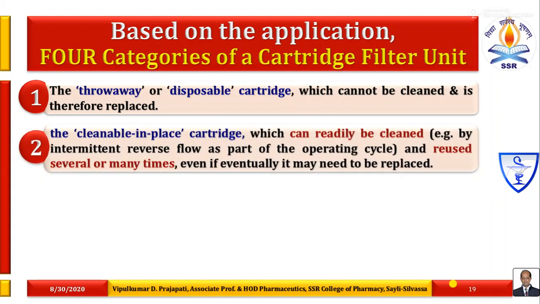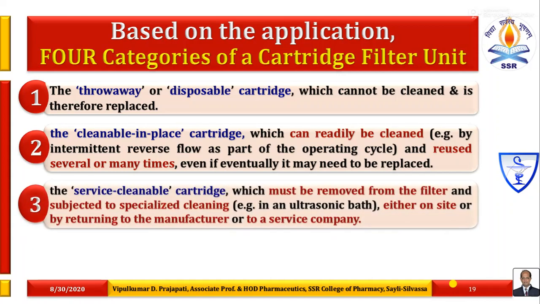The second type is known as the cleanable in place cartridge, which can readily be cleaned, for example by intermittent reverse flow as part of the operating cycle, and reused several or many times, even if eventually it may need to be replaced.